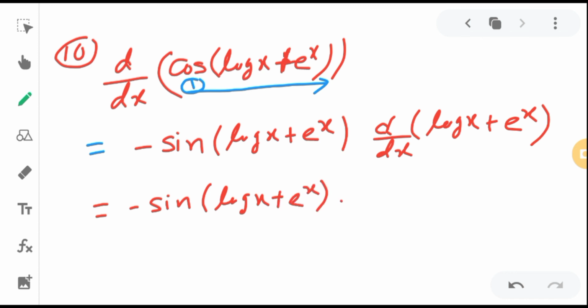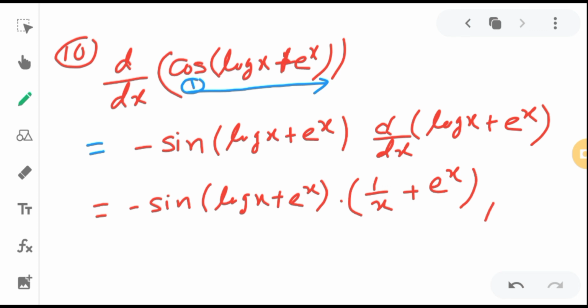into, now we have to find the derivative of this. How will we find it? First I will find the derivative of log x plus the derivative of e to the power x. The derivative of log x is 1 upon x, and the derivative of e to the power x is e to the power x. Now this will be our answer.